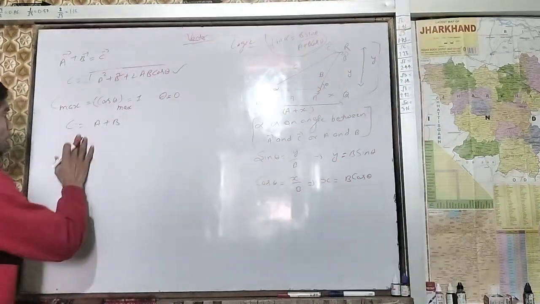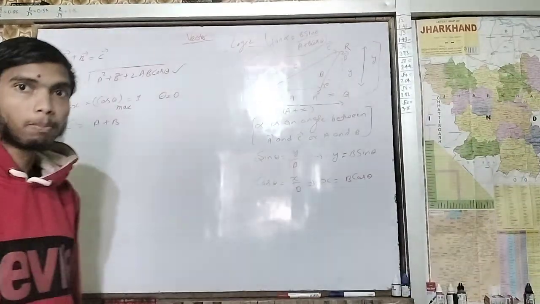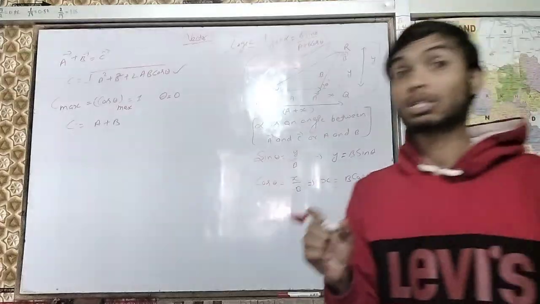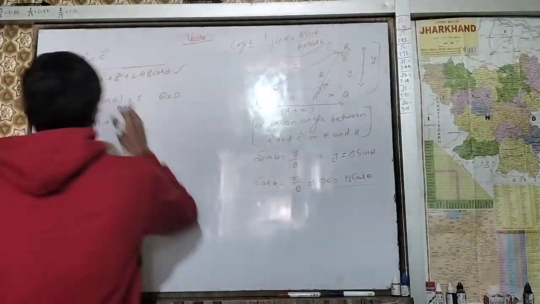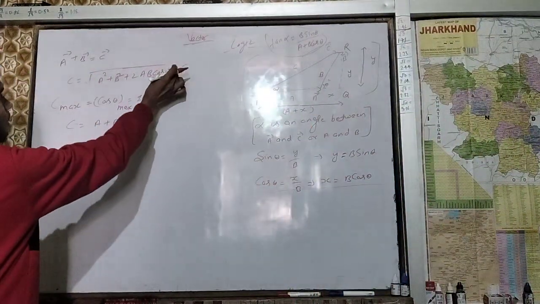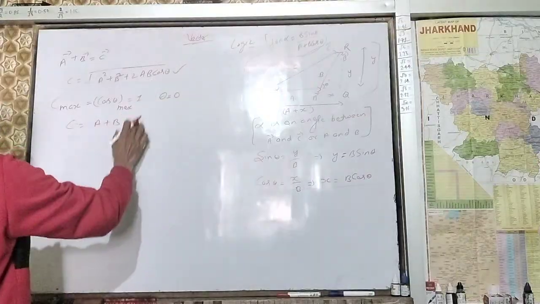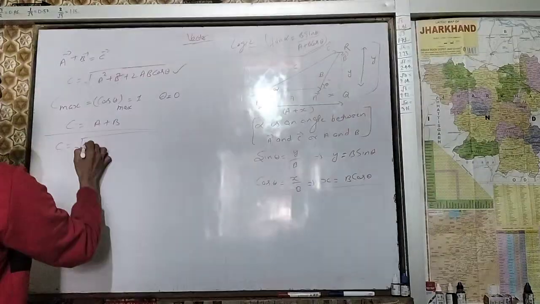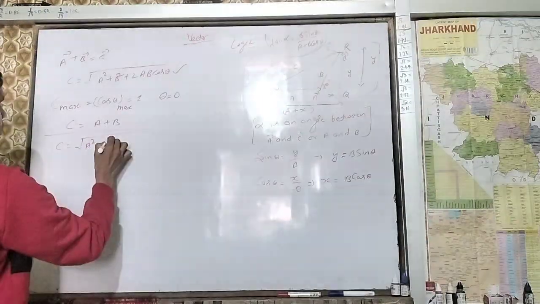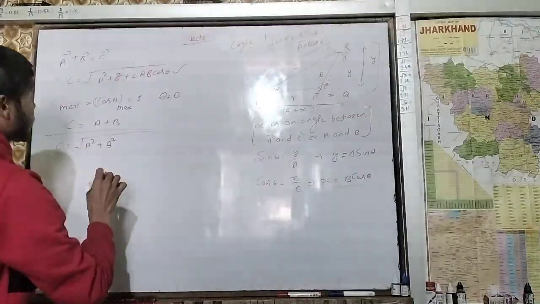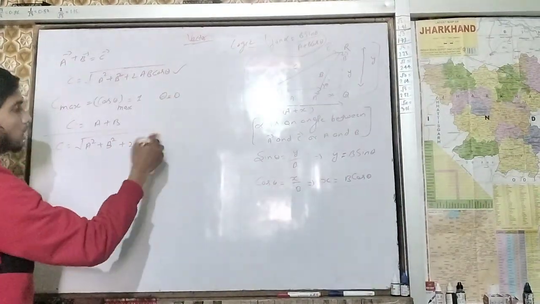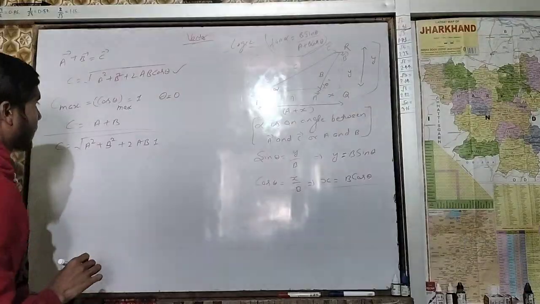We can say C will be equal to A plus B when theta is 0. Substituting theta as 0, A square will stay as it is, B square also stays as it is, and 2AB cos theta becomes 2AB times 1.